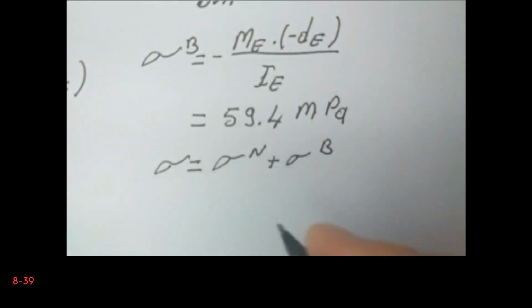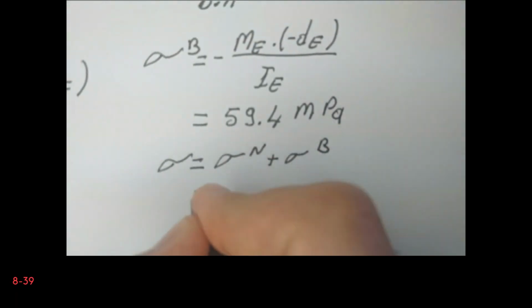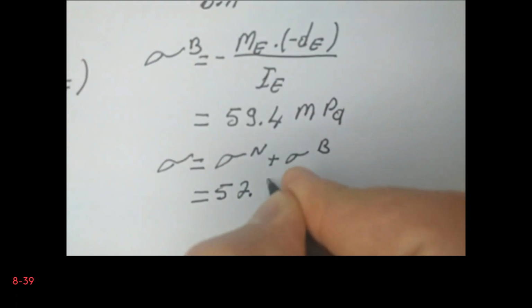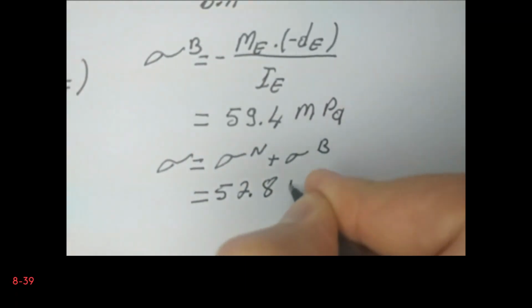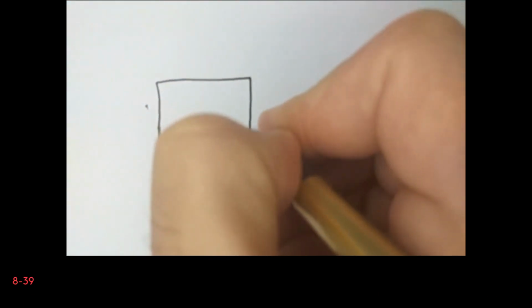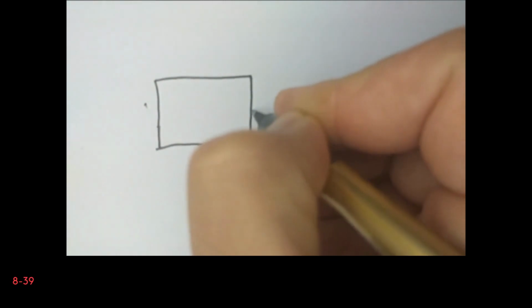Now we are asked for the drawing of the shear stress on a differential element. So if this is our differential element, this is the front face. If you want to show the stress on the differential element, we have sigma here.